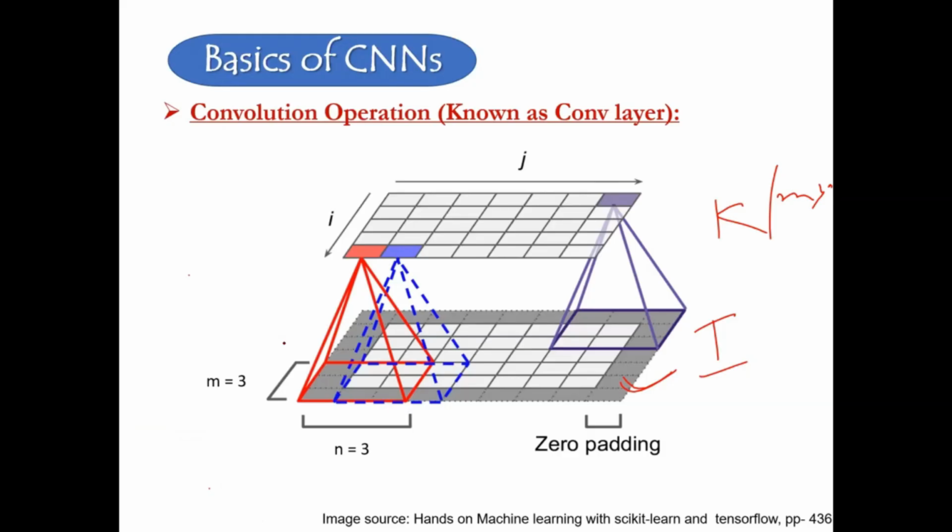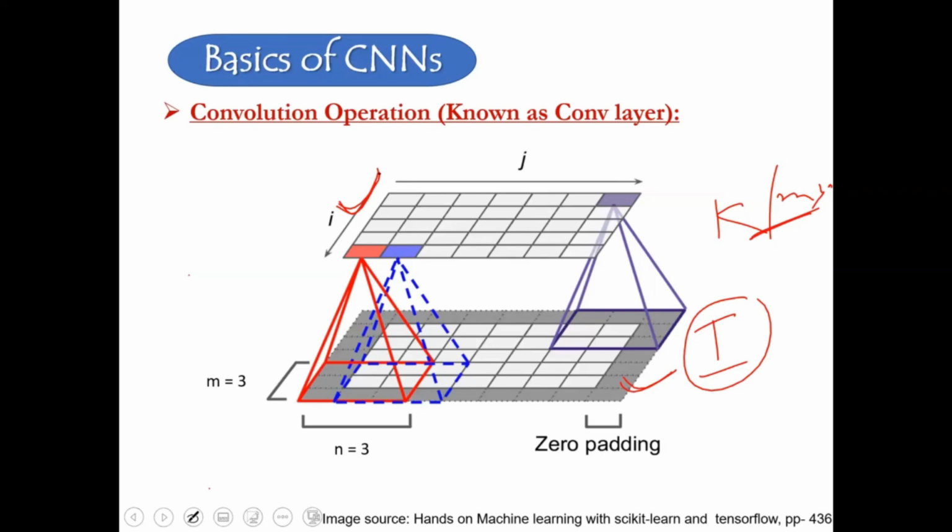The dot product happens between the kernel and the image for that particular position, generating an output image or output feature map.